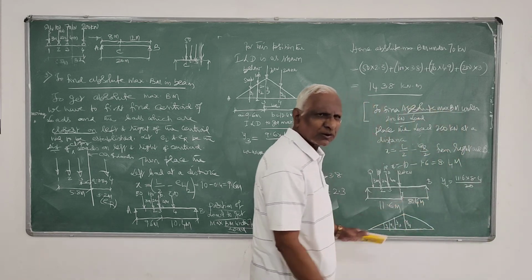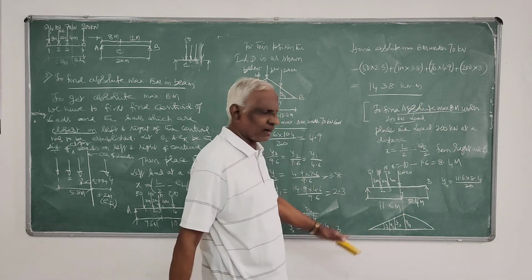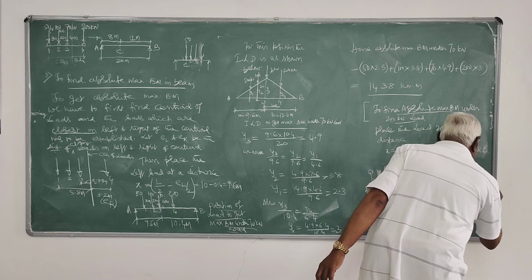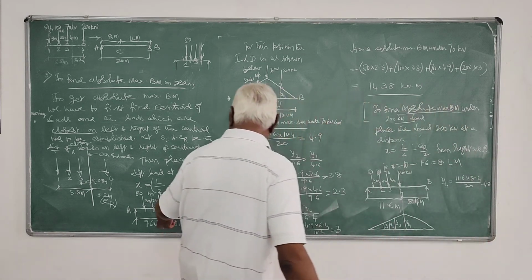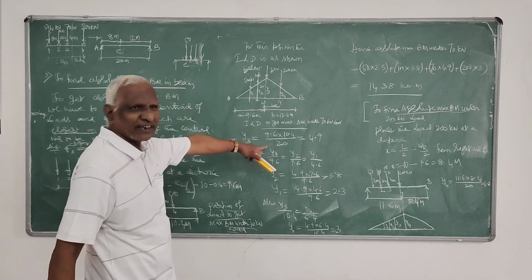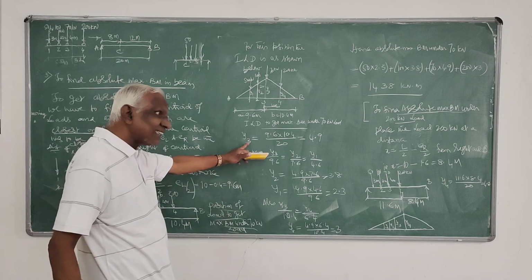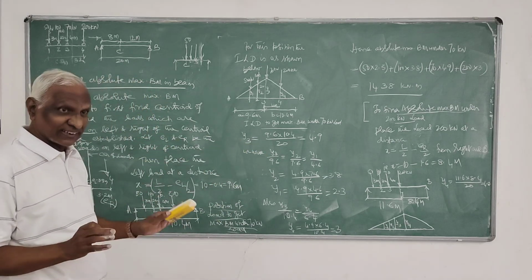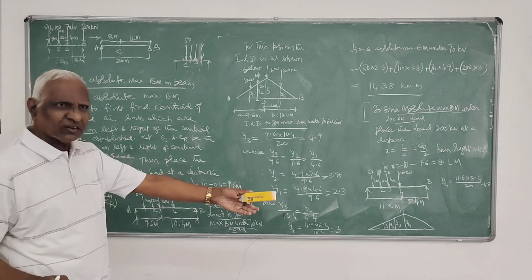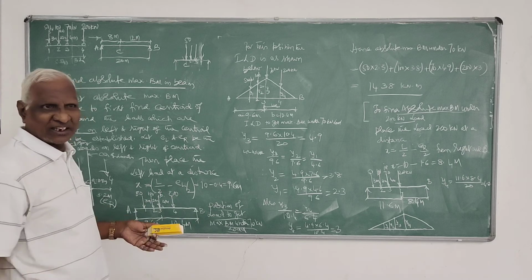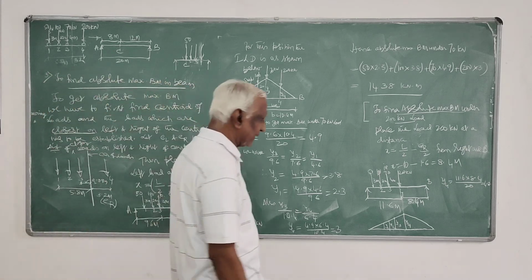I am doing the calculation twice, that's extra. So this is 4.8. More or less it is the same value. Here also Y3 was 4.9, 4.8. It all depends upon that ordinate value, so that will change a little bit.